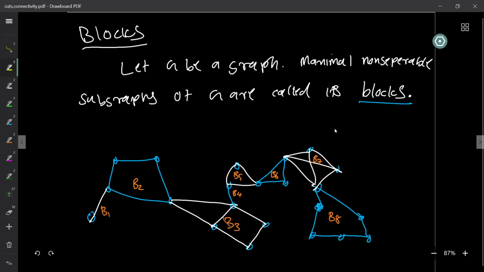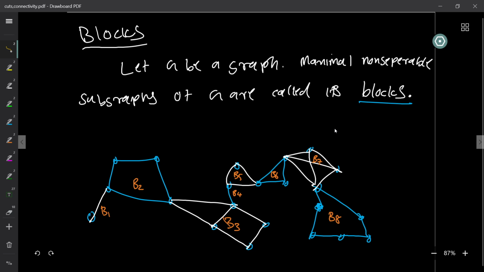Then B2, this fourth cycle is another subgraph, and then you have this white subgraph. Then B4 is the edge, B5 is the triangle, and B6 is another triangle. Then B7 is this K4, the complete graph on 4 vertices, and B8 is the cycle.